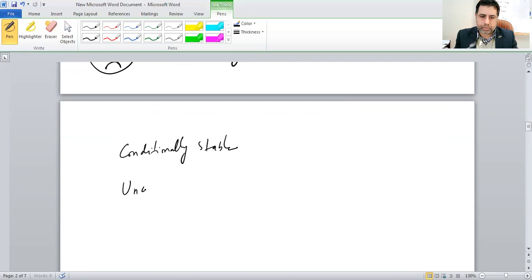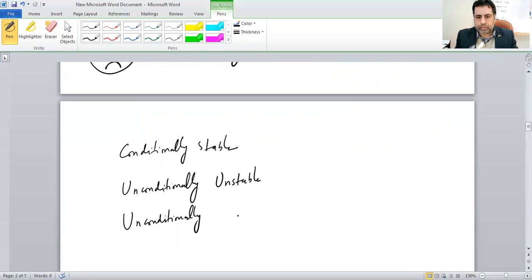There are schemes that are unconditionally unstable, like the Richardson scheme, as I have just shown you. And there will be schemes that will be unconditionally stable. So this is the best possible case. There is no requirement on the stability. There is no issue of delta t and delta x for stability requirement.